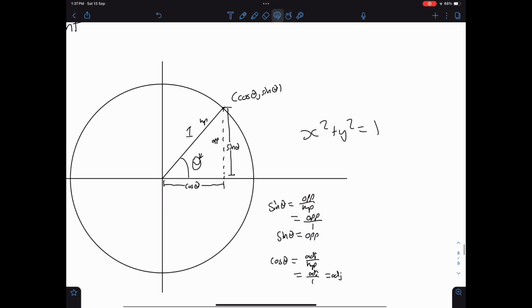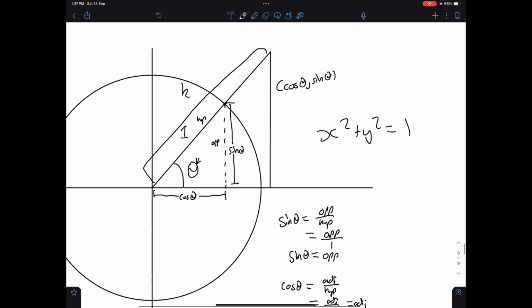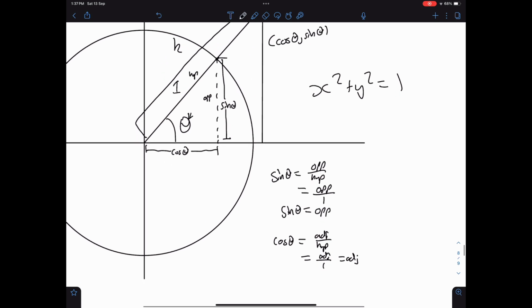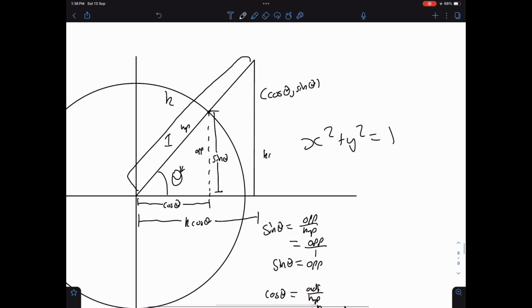Because think about it, if we extended this out and made it, we multiplied that line length by some k, because that would make a similar triangle, you see, common angle, 3 common angles, then you would multiply this by k as well, so that would become k cos theta, and this would be k sine theta.